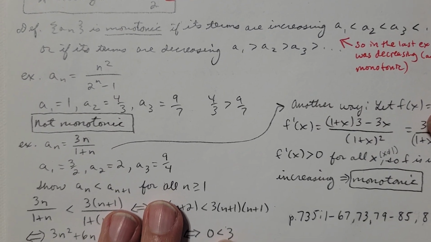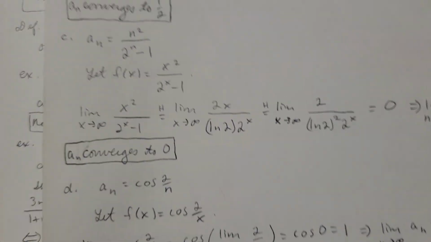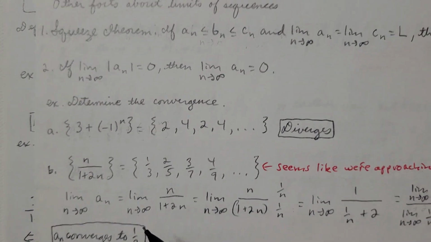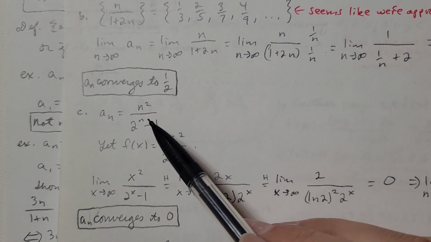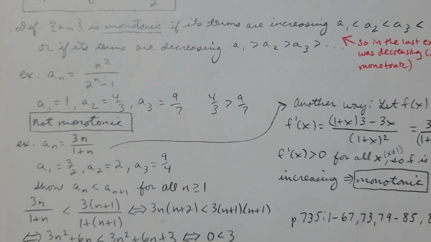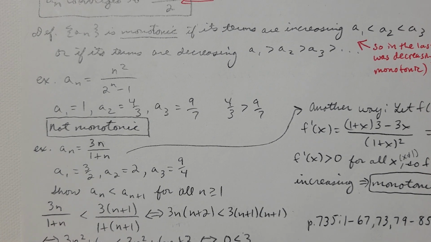So let's take a look at two examples. What if we had the sequence a sub n equals n squared divided by 2 to the n minus 1? That's a sequence that we had looked at previously in this section. And I want to know, is that sequence monotonic? Well, let me just plug in some of the terms.